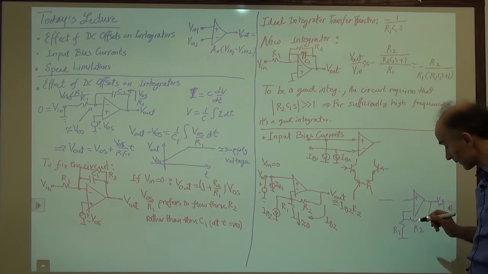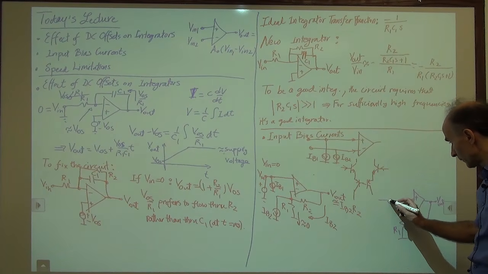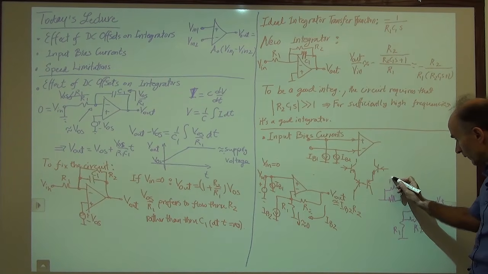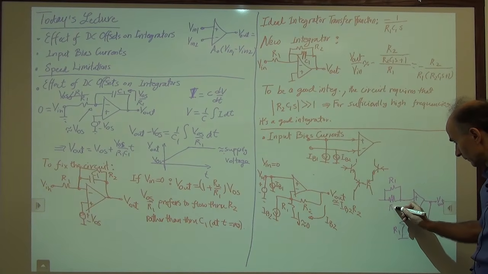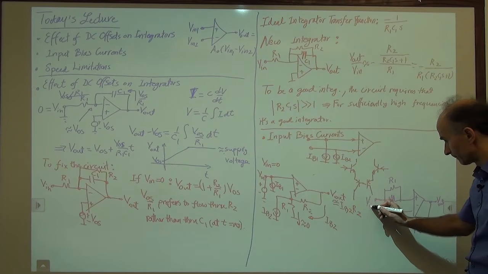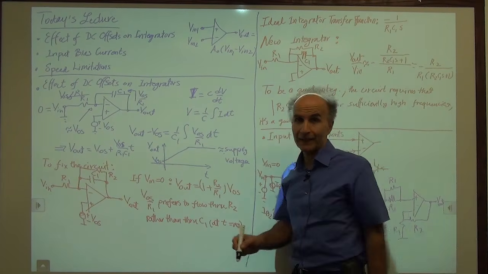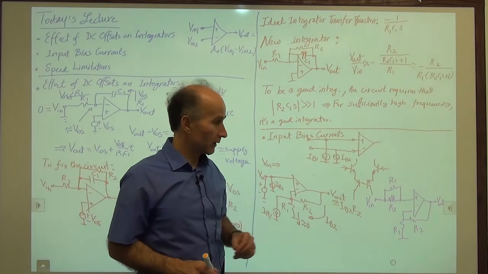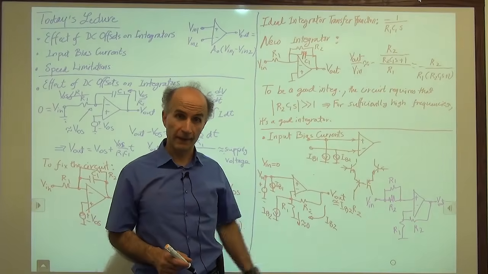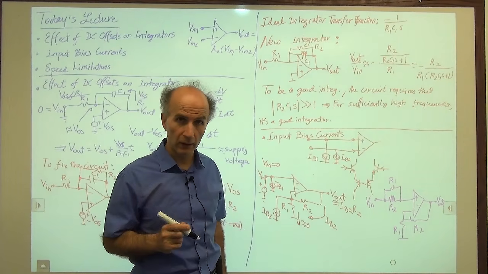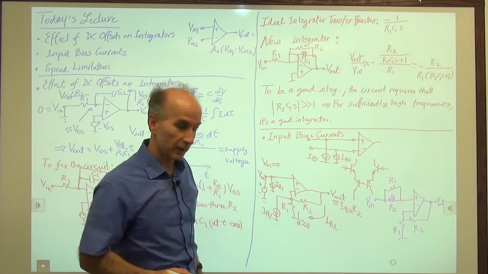So I place two resistors here in parallel, in series with the input, and I pick one to be R1, the other to be R2. And this will be the main input. I claim that in the presence of IB1 and IB2, the output now is clean. It has no DC, assuming, of course, that IB1 and IB2 are equal, which is a reasonable approximation.